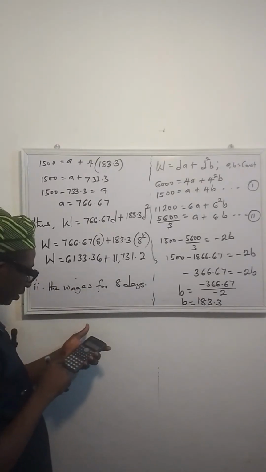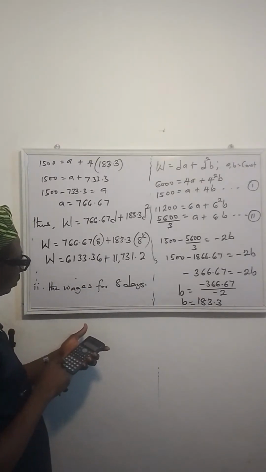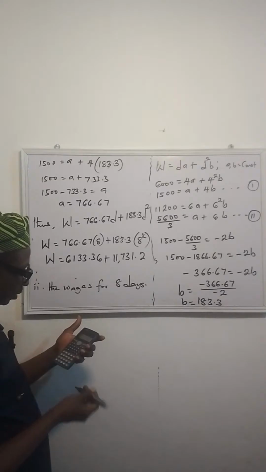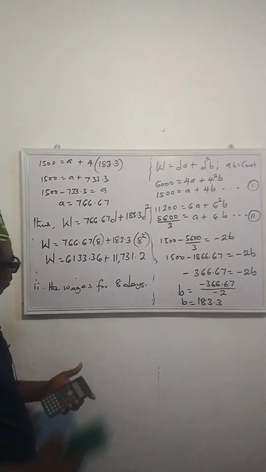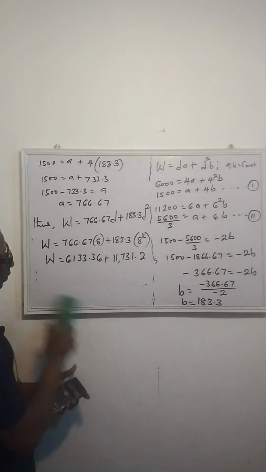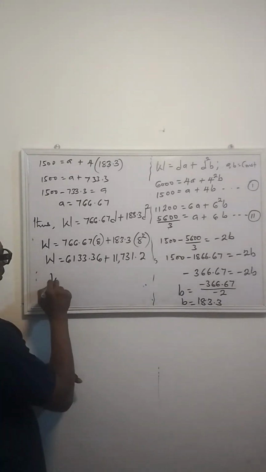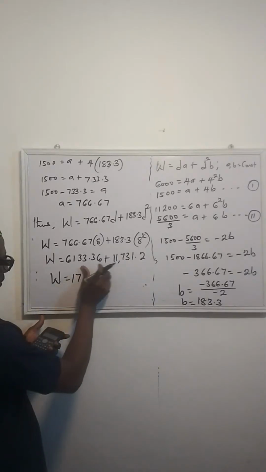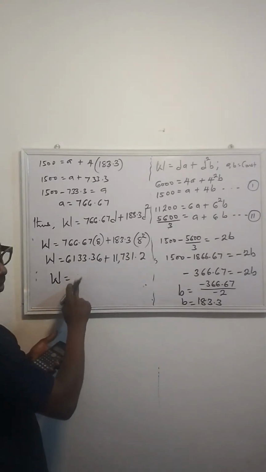We have 6,133.36. All right, so what is going to be the final answer to that problem? We have W equals 17,864 Naira and 56 kobo, in Naira because we are talking about wages.